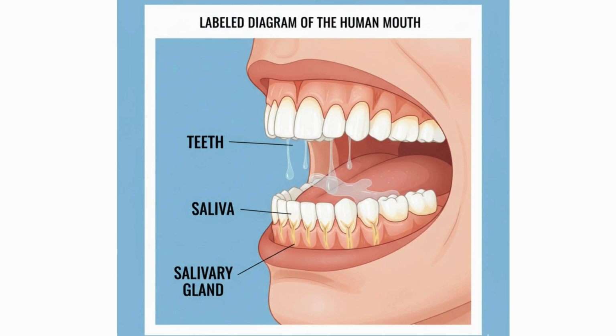So this is the general labeled diagram of the human mouth. The teeth help as mechanical digestion, and the saliva, secreted by the salivary glands, contains ptyalin and salivary amylase, which help the starch break down into the smaller polysaccharides.